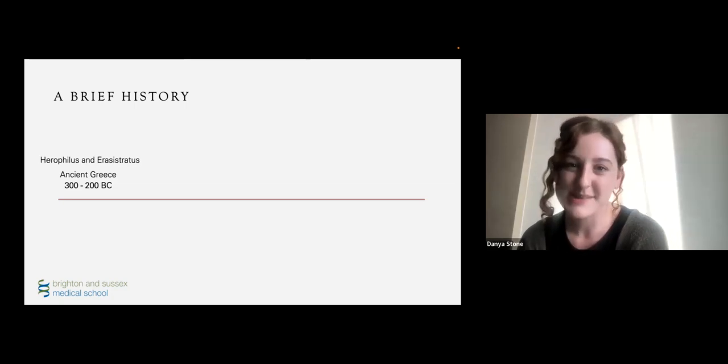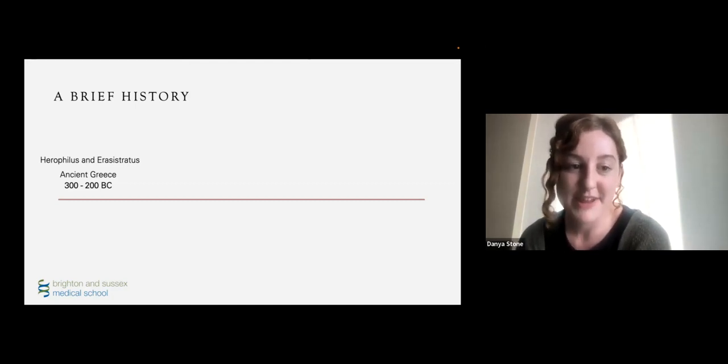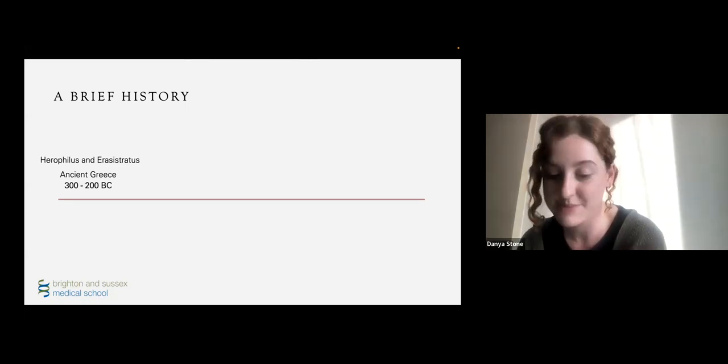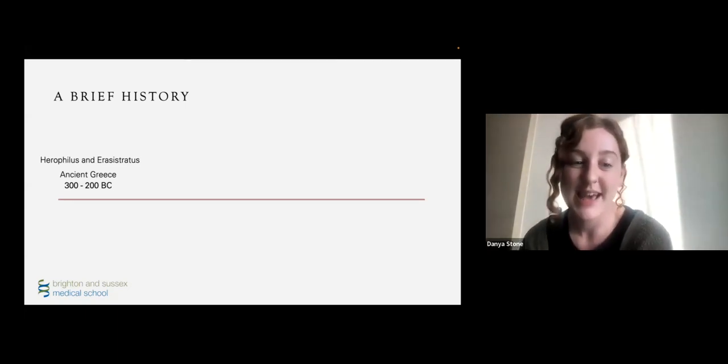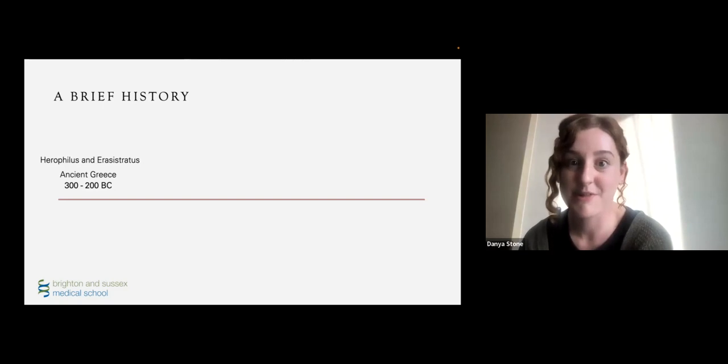Before then, the whole practice was shrouded in a lot of taboo, and people really didn't engage with it at all. But we get to the period particularly of Herophilus, who is known as one of the first anatomists and is one of the first documented anatomists to practice learning anatomy and teaching anatomy through cadaveric dissection.